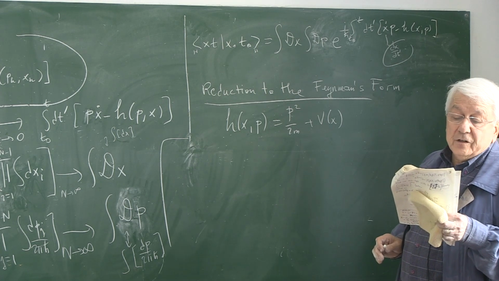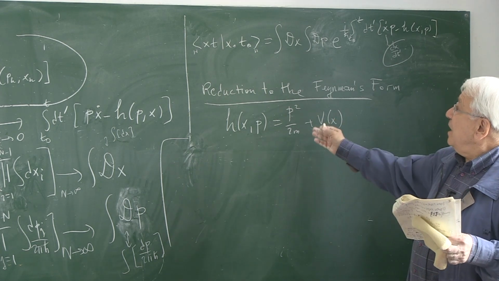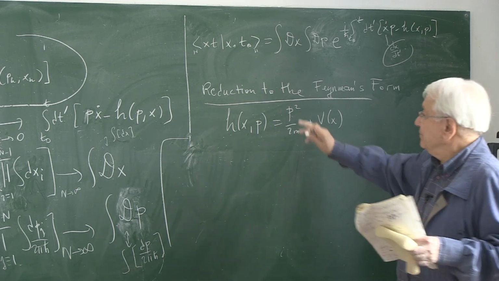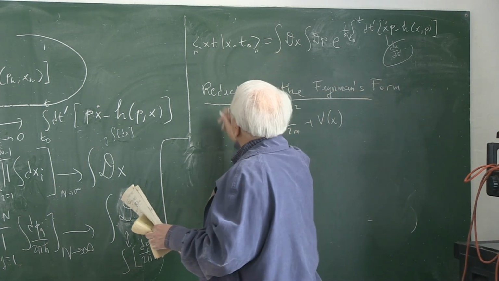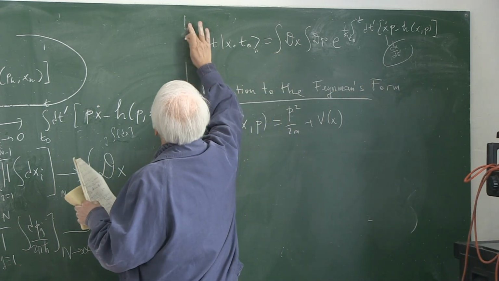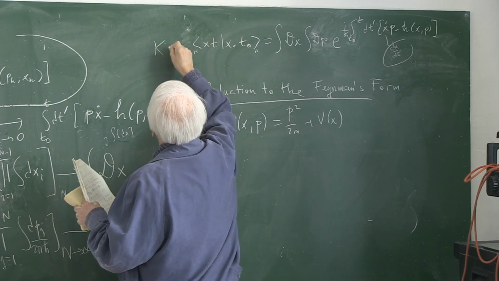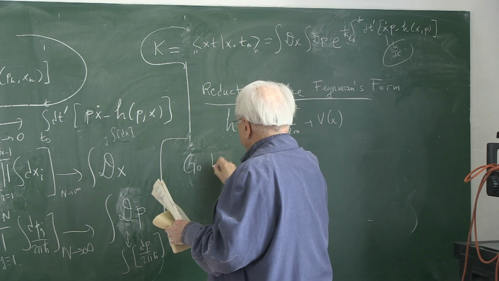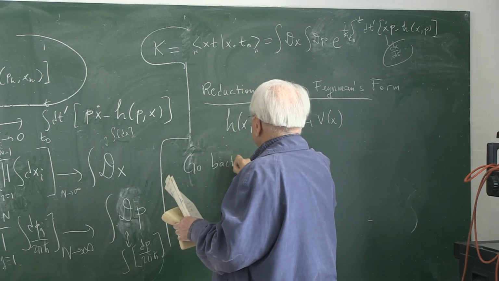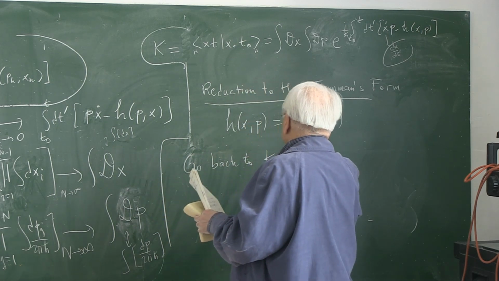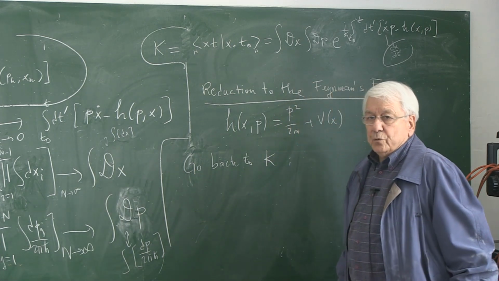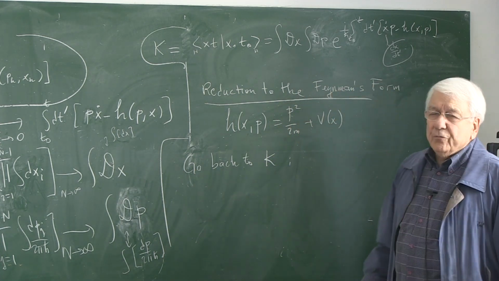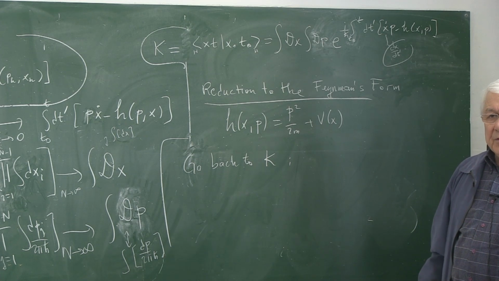What we have to do is go back and undo. Go back to K, that form of K, and undo everything. Which part of it is relevant for my present discussion?